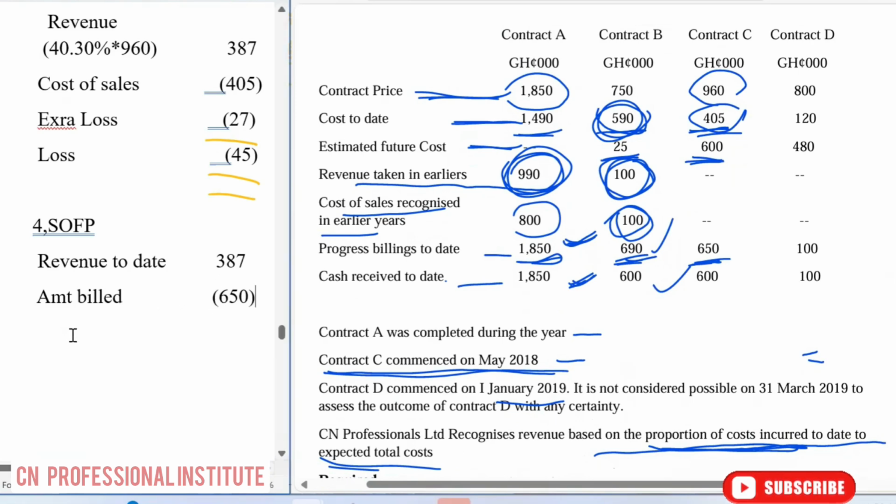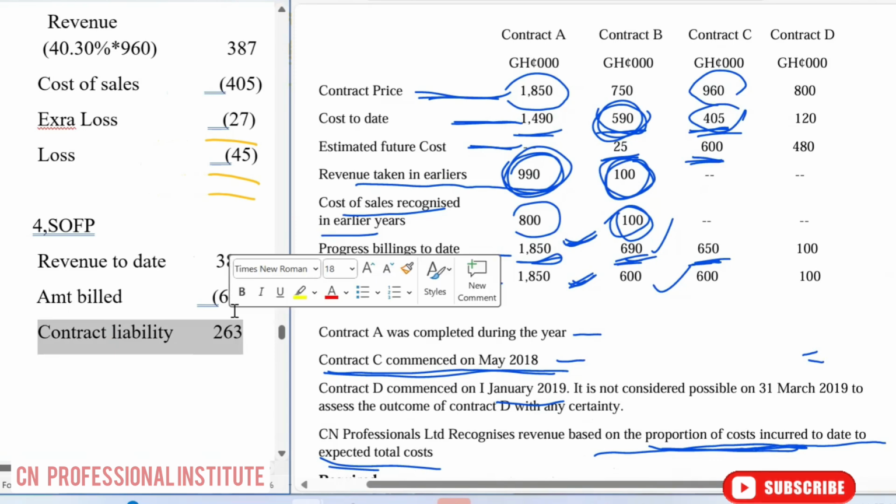So when you deduct, there will be a contract liability. We have a contract what? Liability of how much? When you deduct, it's 263. Just subtract and write your answer down. 263 as our contract liability.